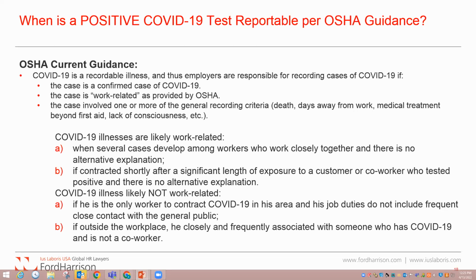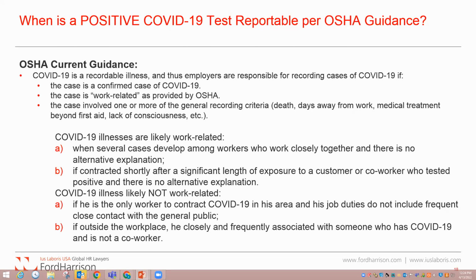And this was a lot more relevant early on when the cases were just developing, if there was a group of workers, say like a pod of 5 workers who worked very closely together, and they all developed COVID-19, it was probably something that should have been placed on your OSHA 300 log.